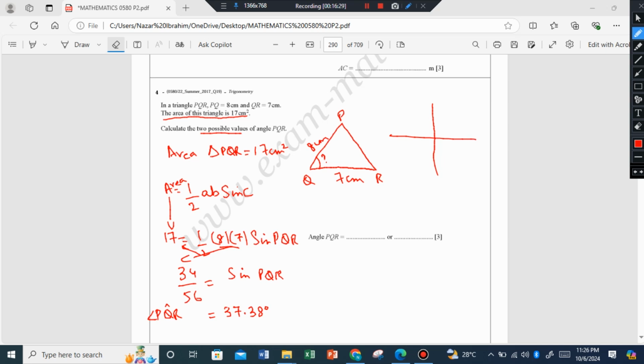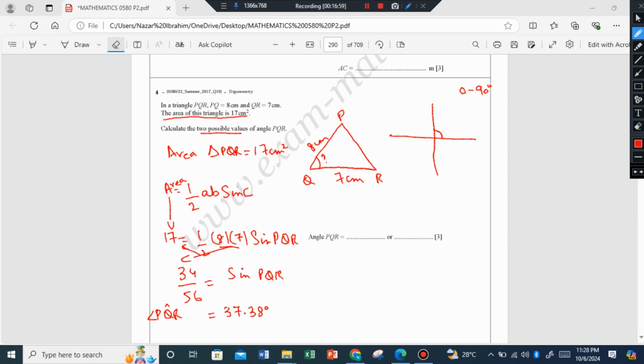The four quadrants which we have are these. We should know that these four quadrants have different signs for different ratios, right? In the first quadrant, basically we have 0 to 90. From 0 to 90 is the first quadrant.